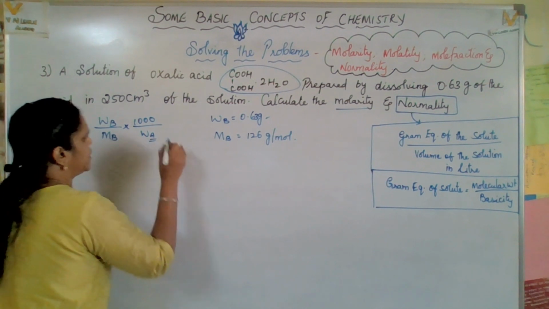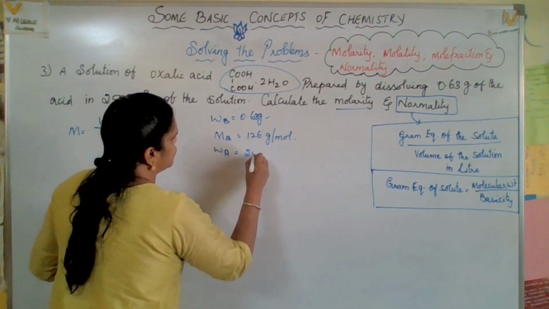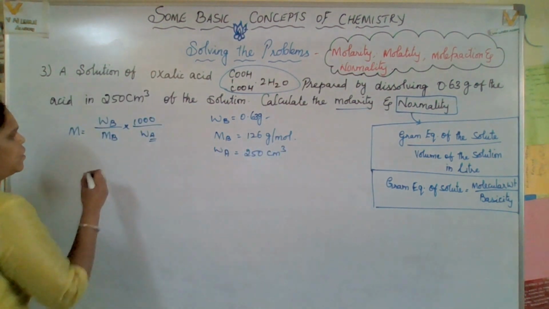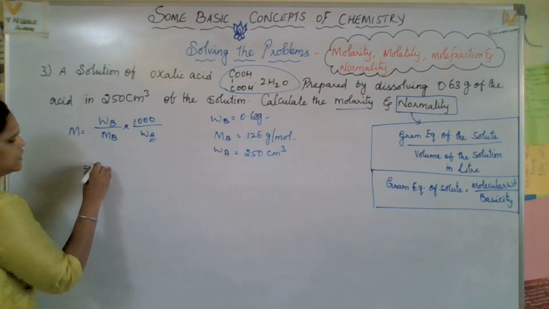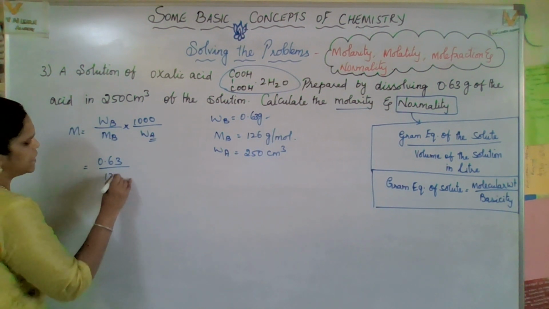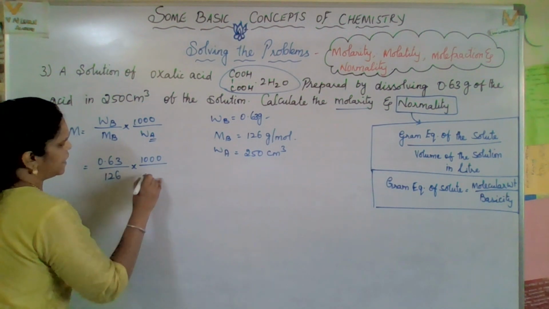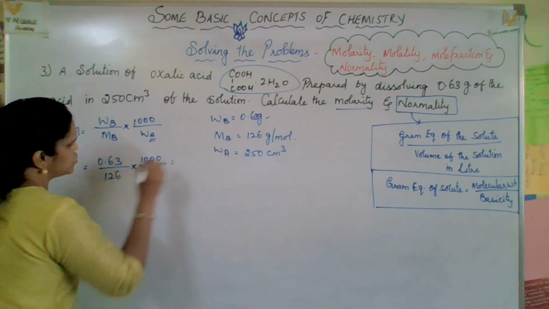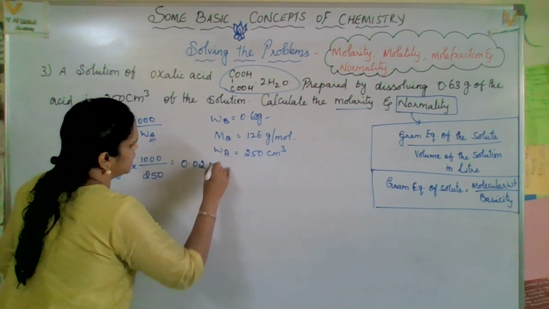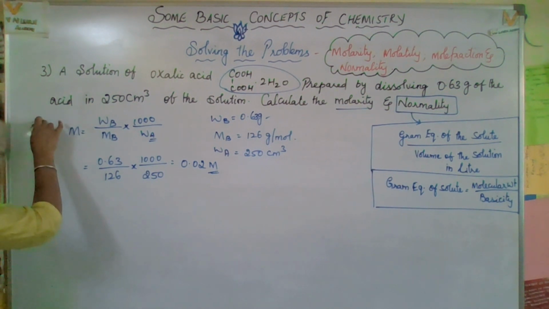And WA is 250 centimeter cube. Now let us apply all the values: 0.63 divided by 126 into 1000 divided by 250. So you will get the answer 0.02 M. Now this is the molarity.